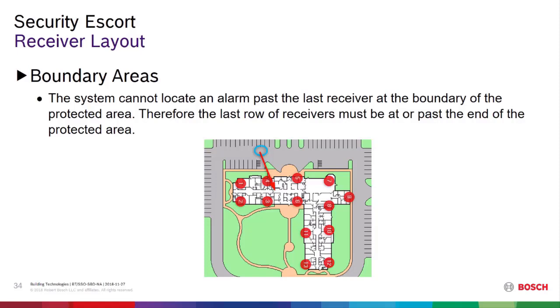What this means is if you only have protection inside the building and no protection outside the building, like the image shows below, if you had an incident in the parking lot, the receivers are omnidirectional, but they do not know the difference between north, south, east, and west. They can only calculate against other receivers that are in the area. So if you had an incident in the parking lot, the receivers inside the building would hear the alarm, and the alarm dot would locate inside the building.